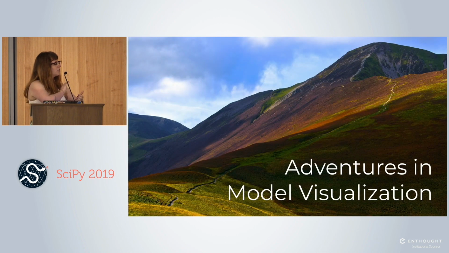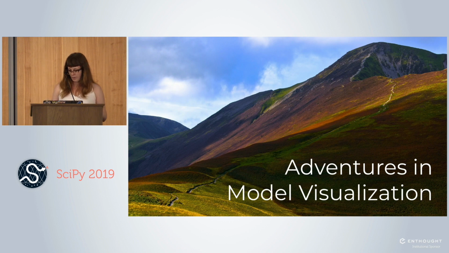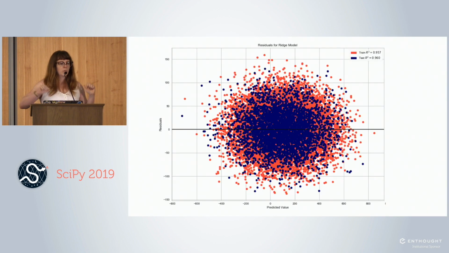So I'm going to talk a little bit about some of the adventures that we have taken in the Yellowbrick development process over the last 3+ years of working on Yellowbrick. So what we're looking at here is a residuals plot.